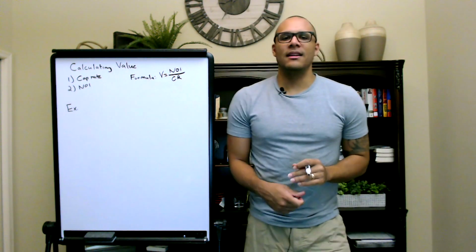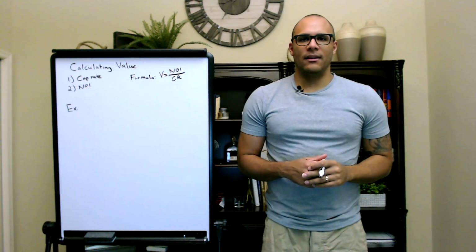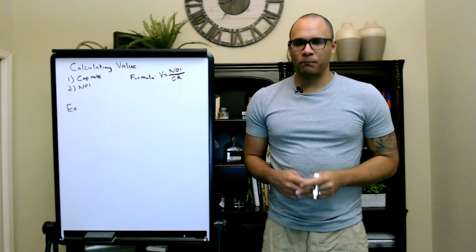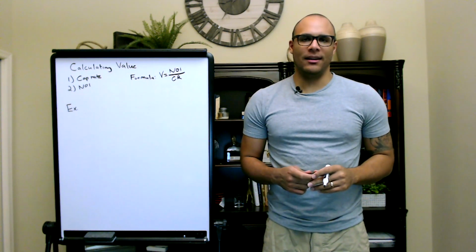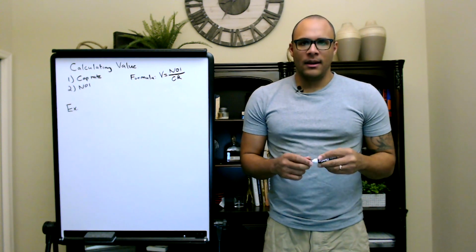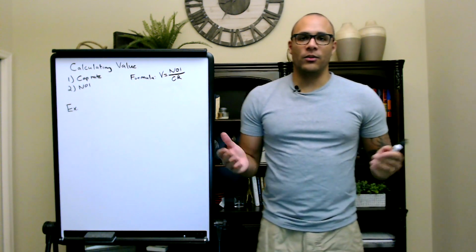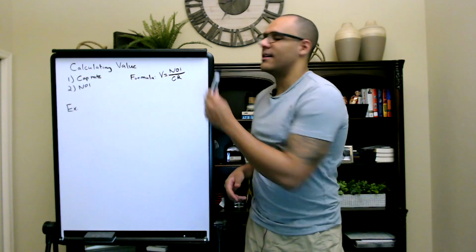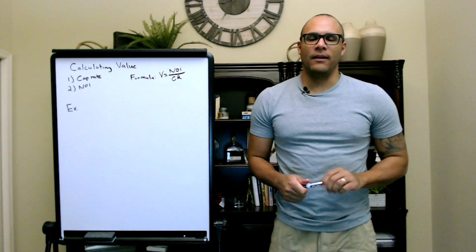So the value is the net operating income divided by the market cap rate. Before we go into an example, we're going to go into more detail on what NOI is and what the cap rate is.